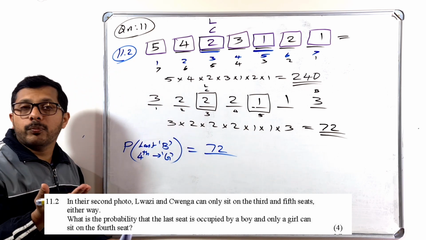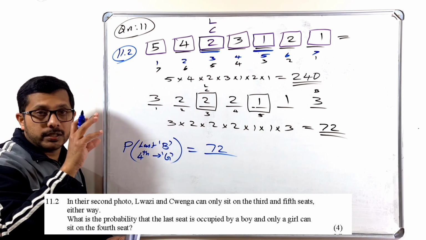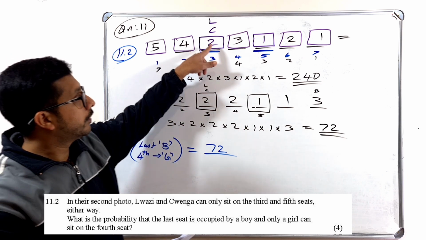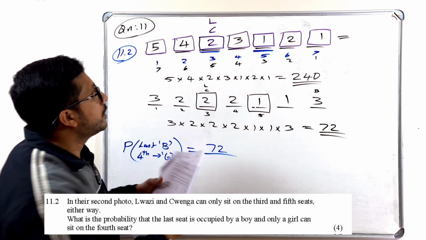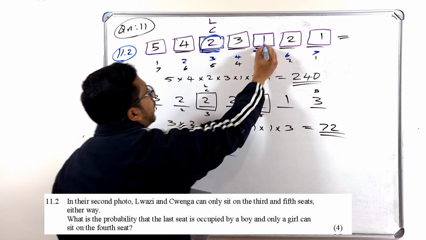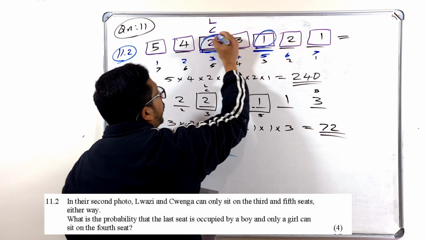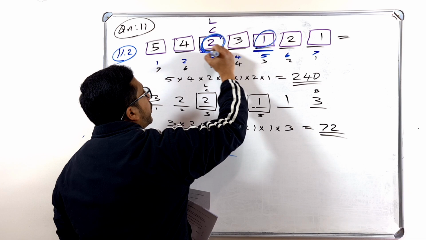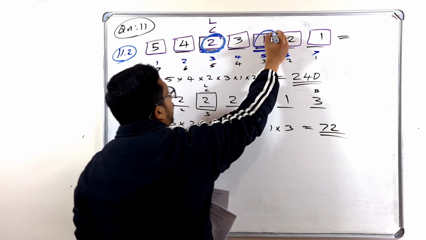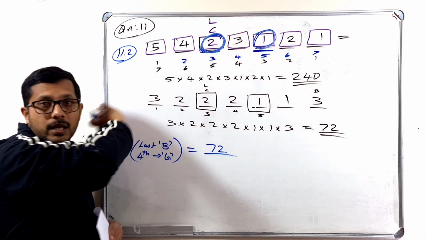Then total how many possibilities with the other condition? This one, the middle one, is the prefect, and this one is not prefect. What is that? Head boy and girl. Either head boy or head girl here. That is the first sample space.